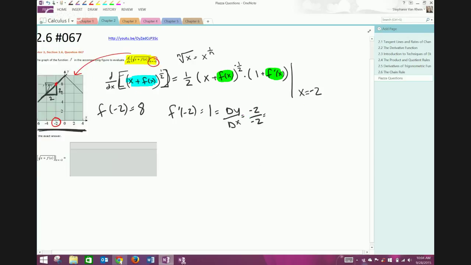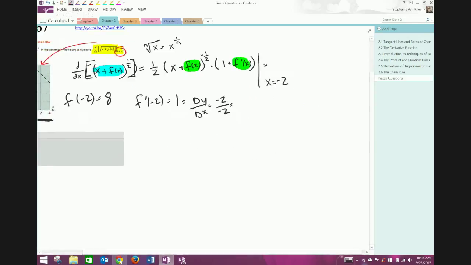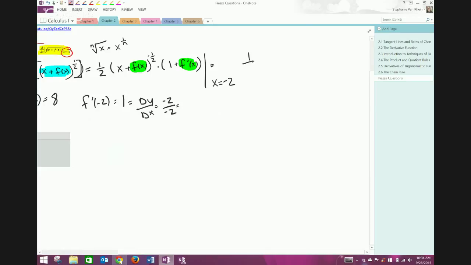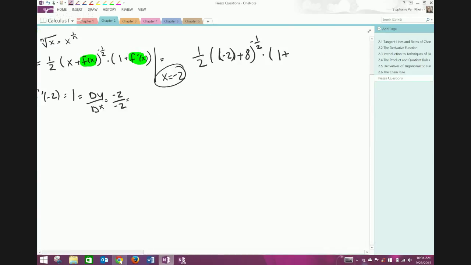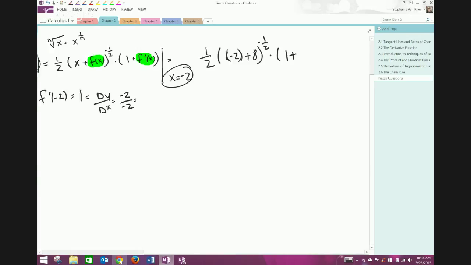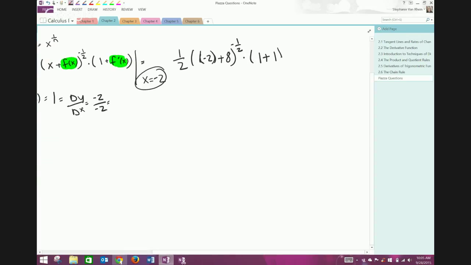So now I need to plug in, and write this a little bit nicer. I have 1/2, and then x is -2, so then I have -2 plus the value of the function at -2, which was 8, all to the -1/2 power, times 1 plus the derivative at -2, and the derivative at -2 is 1.